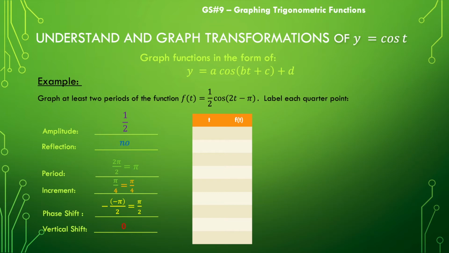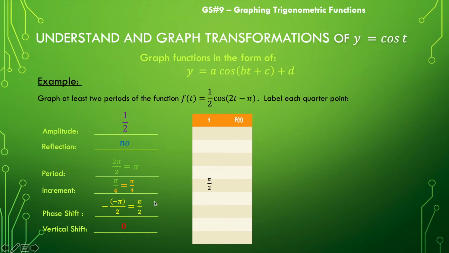So we can use these attributes to come up with a table of values, which will allow us to plot points. Remember that we start our t values with the phase shift, which is π over 2. That's our initial t value. Then we use our increment and count up from that initial value, by π over 4 from π over 2.